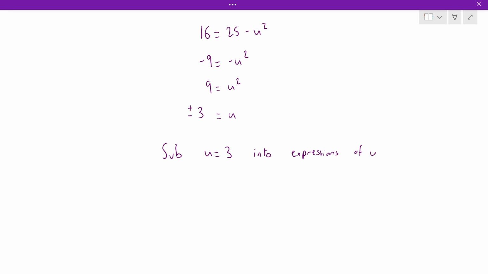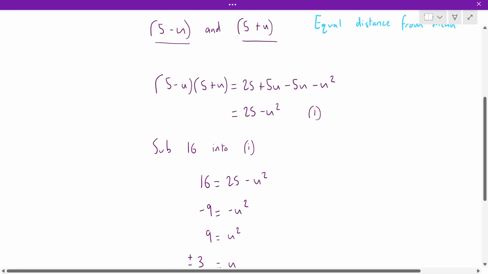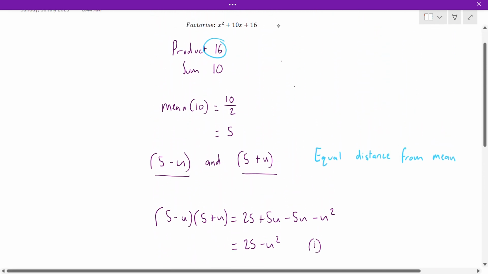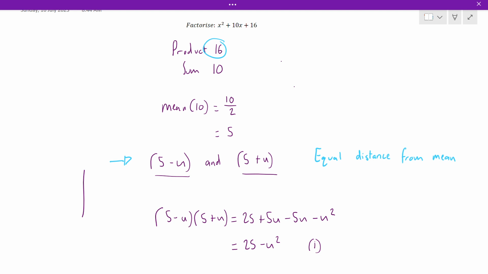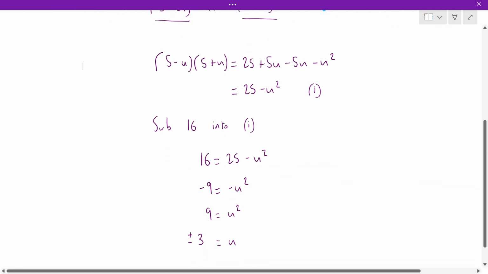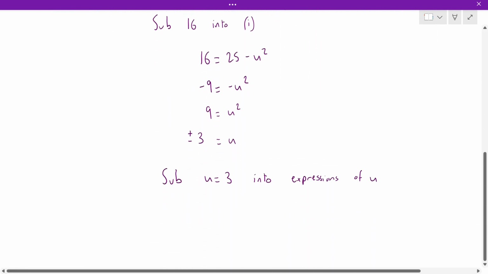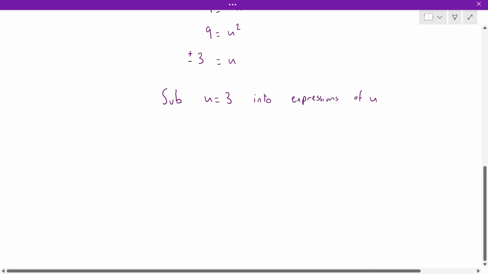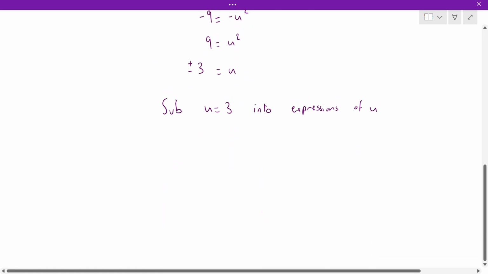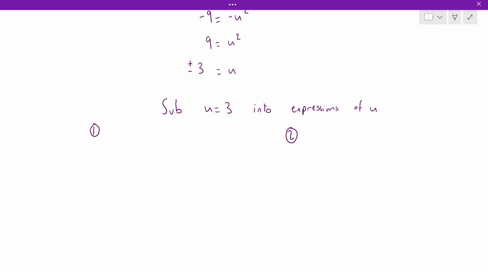The expressions of u that I'm talking about are these ones up here. 5 minus u and 5 plus u. I'm going to rewrite these again, and what I'm looking for is two separate expressions. So I'm going to write one over here and the second one over here.